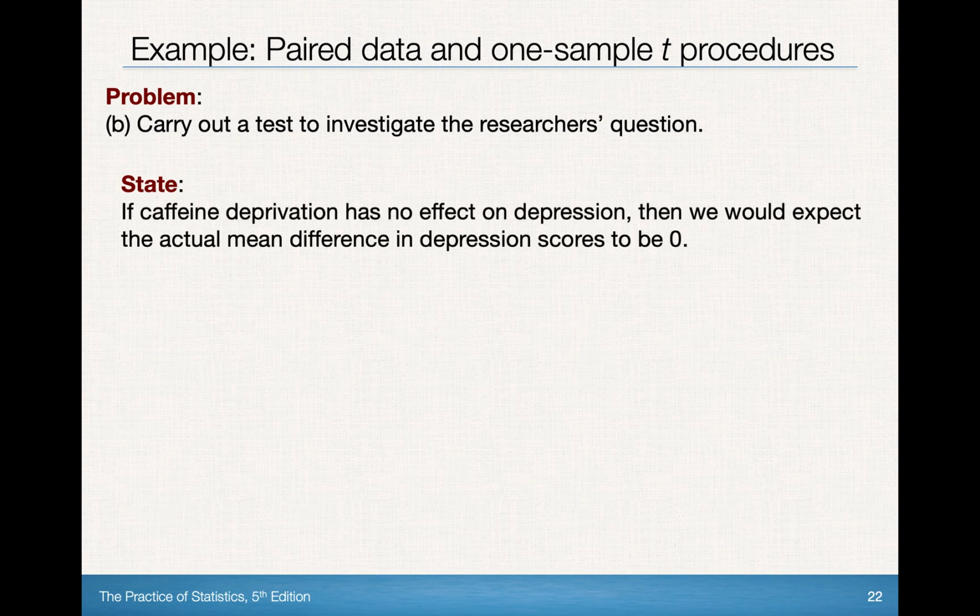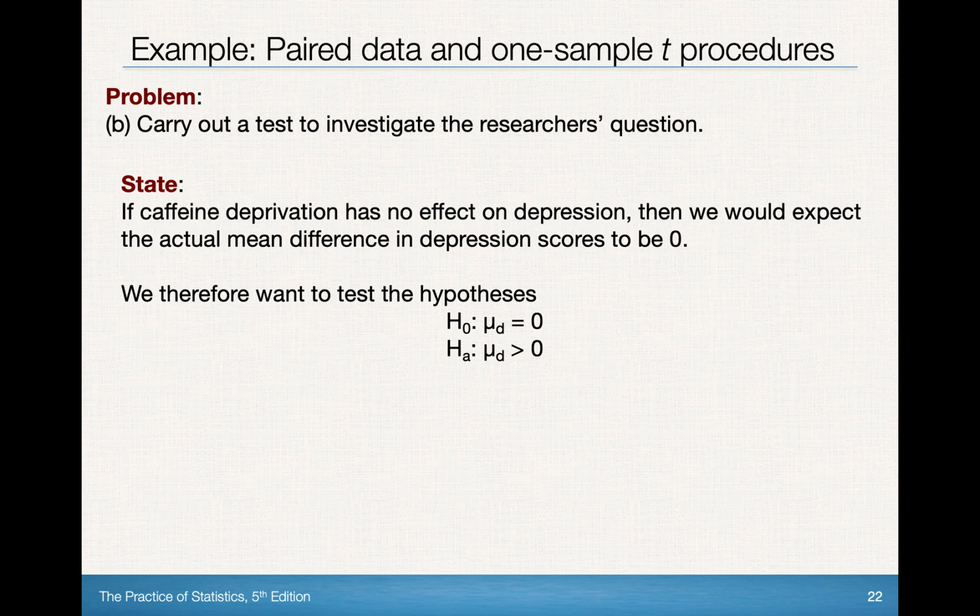Our statement: if caffeine deprivation has no effect on depression, then we would expect the actual mean difference to be 0. Right? If there was no difference between whether they had caffeine or they didn't have caffeine, then the depression scores should be about the same, and therefore when you subtract them, you get 0. Therefore, our null hypothesis is going to be that there is no difference, that mu sub d equals 0.